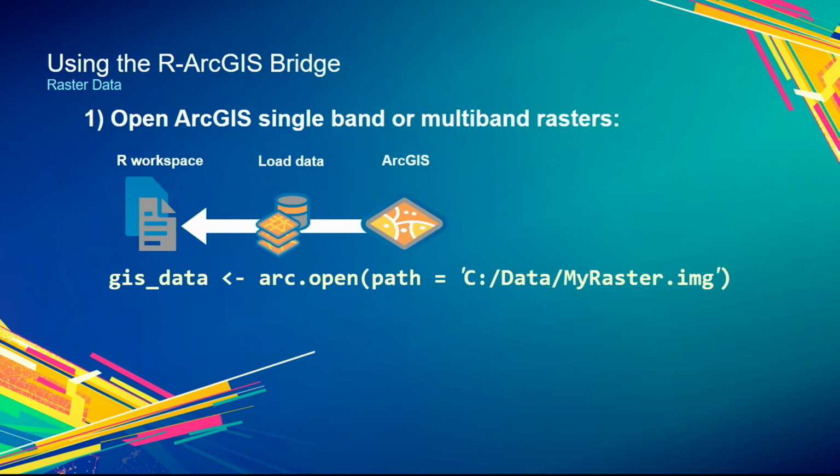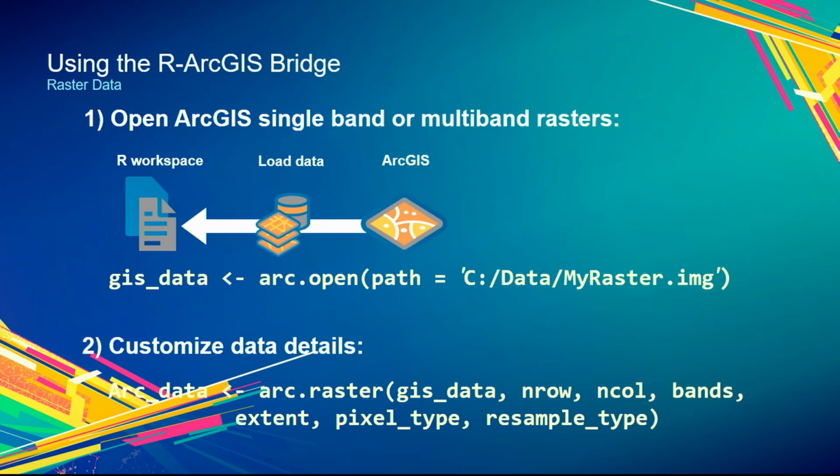So how do we do it? It's the very same thing that we did with the vector data. You always start with this describe or this open. It's setting up a link to the data that you want. And again, it gives you a description of the raster that you're interested in. And then, just like the other one was select, you use arc.raster. Now, arc.raster is going to take that info as the first argument, but you can say, I want how many rows, how many columns out of it, which bands that you want.